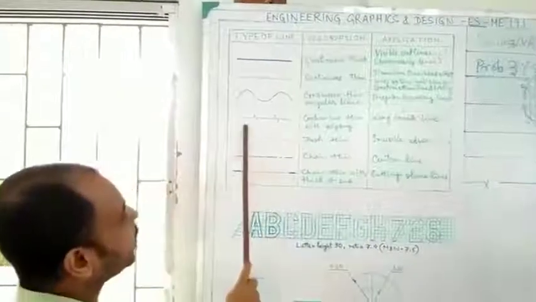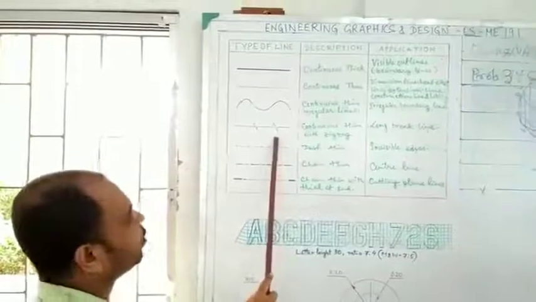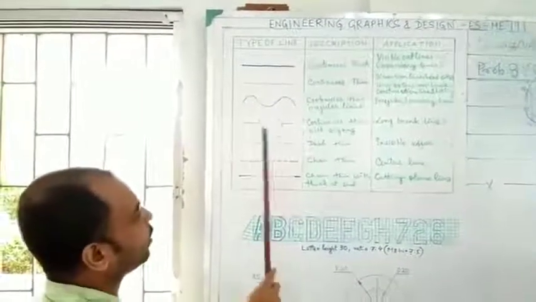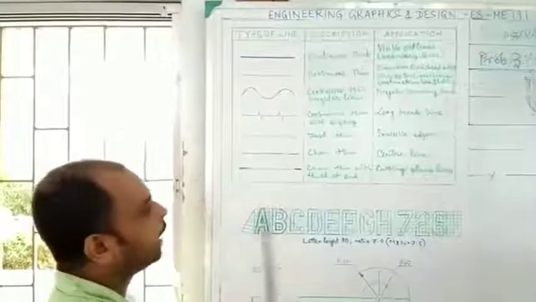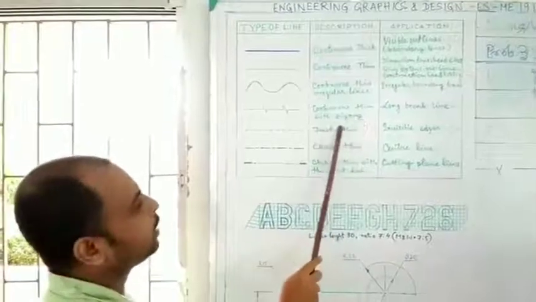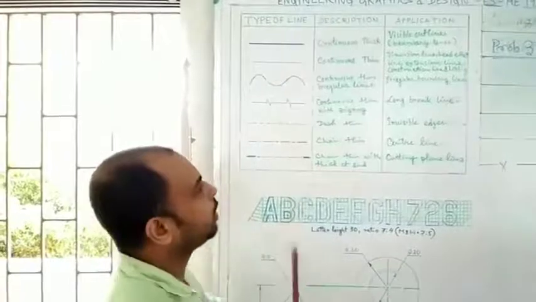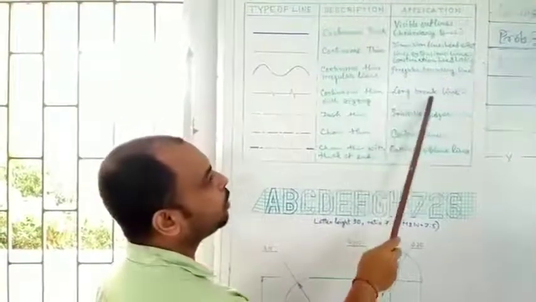Next, you can see over here, this looks somewhat like a heartbeat. You might have seen it on TV, this symbolizes the heartbeat. So in technical terms, we call this line continuous thin with zigzag. The application of this type of line is the long break line.